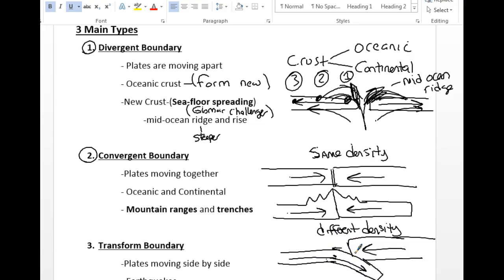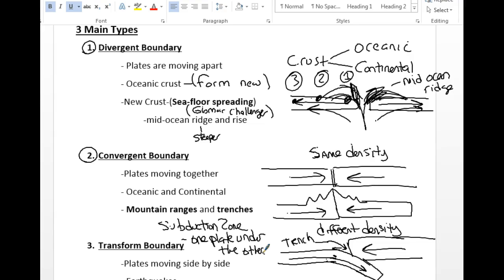Okay, and that's going to be oceanic going underneath continental. And right here, this is where this forms this trench when that happens. And they also call this a subduction zone. One plate goes underneath the other. So that's a convergent boundary.